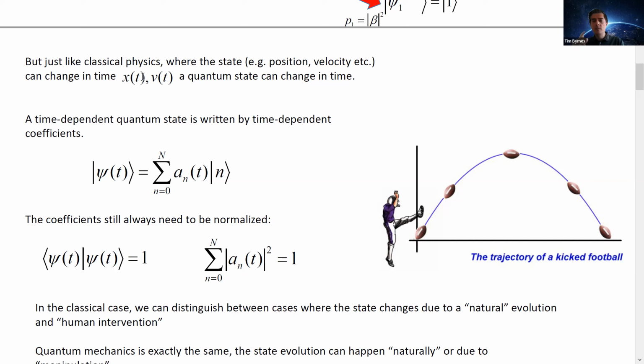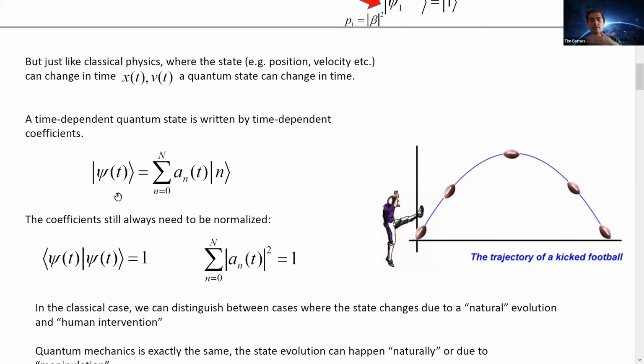Basically, it works the same way in quantum mechanics. If the wave function is time varying, all that changes is that the vector itself is a time varying vector. The vector at some time might be pointing this way, at another time pointing another way, and depending on the time it will be a different vector.